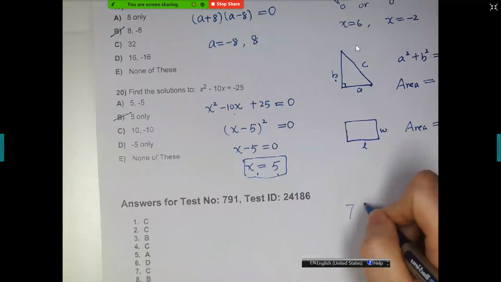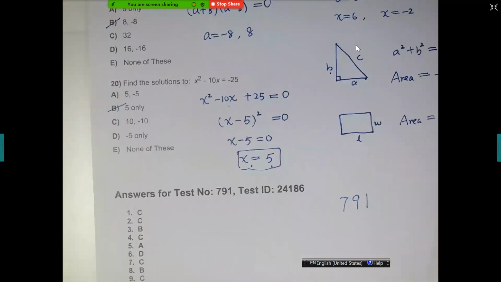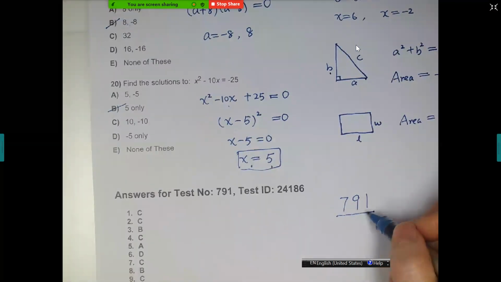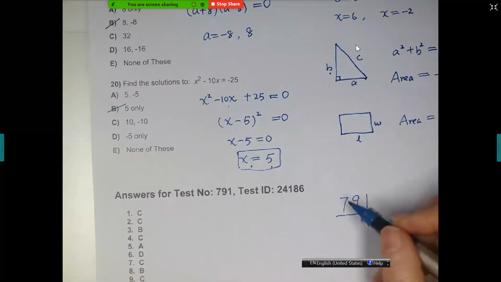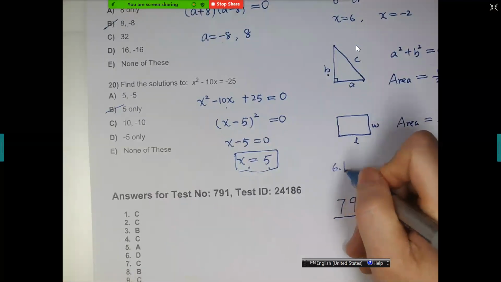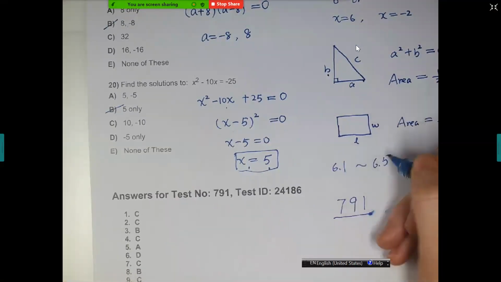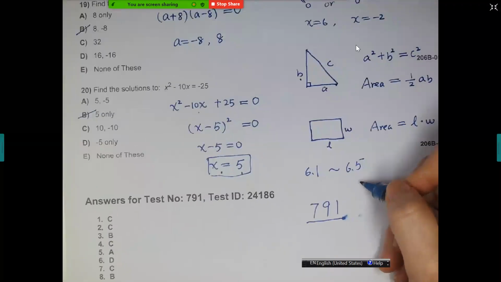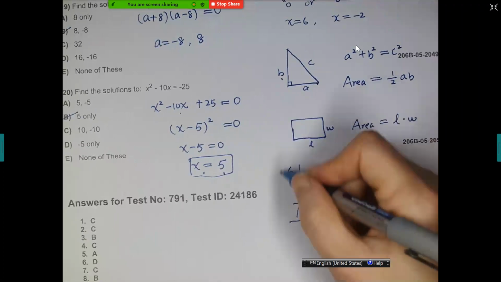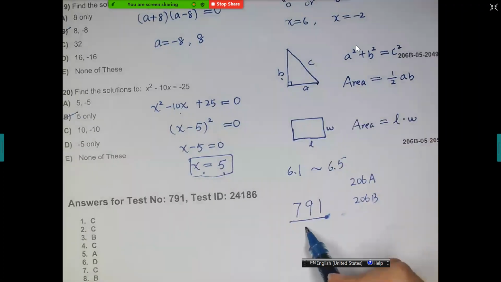So right now, we are done with chapter 6, and we will be taking our first midterm, 791. Of course, before you take 791, you have to finish all the assignments from 6.1 to 6.5, and also do the two quizzes, 206A and 206B. So do all of those first, then take the midterm 791.